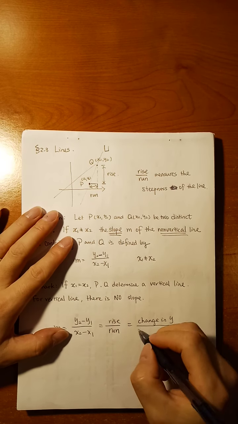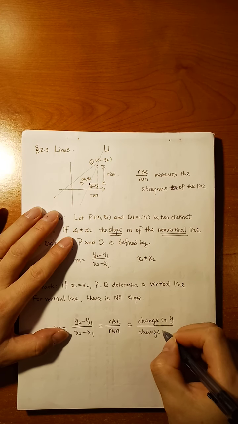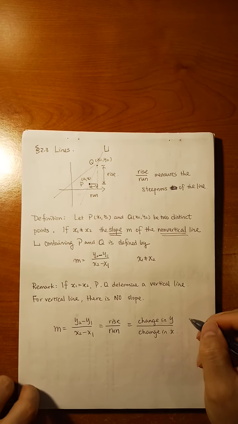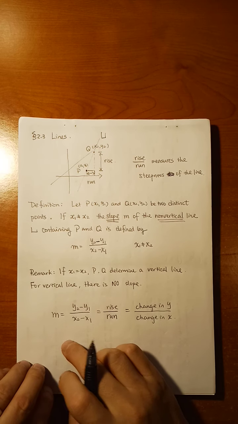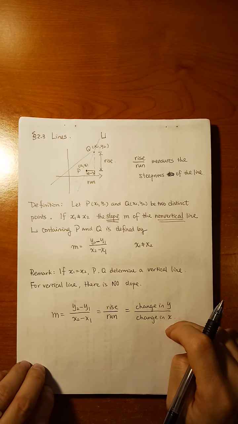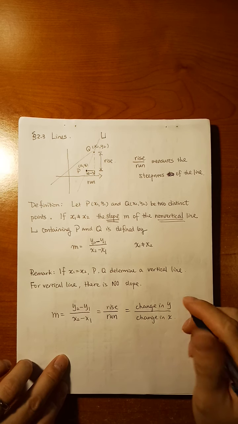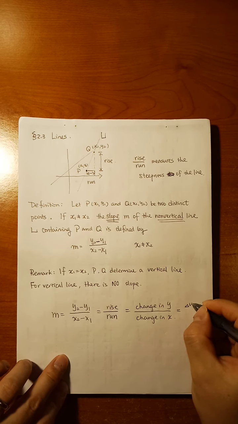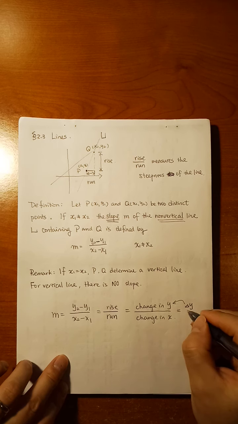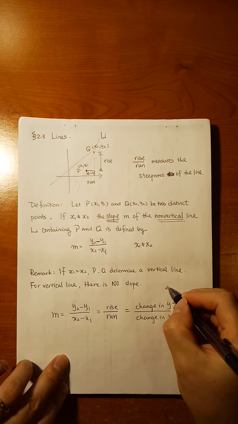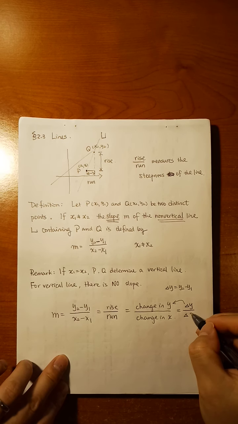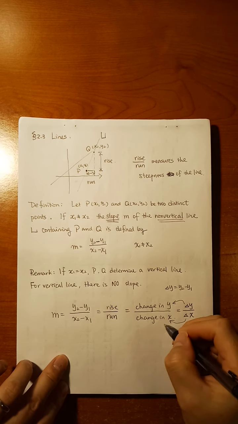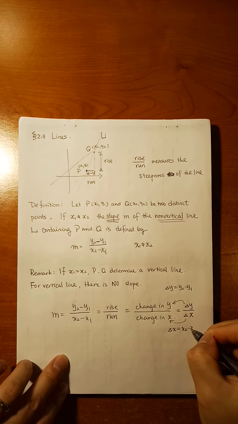The x2 minus x1 is a change in x. Change in y over change in x is the slope. And sometimes we use the symbol delta y to represent the change in y. Delta y is y2 minus y1. Of course, delta x denotes the change in x. Delta x is x2 minus x1.